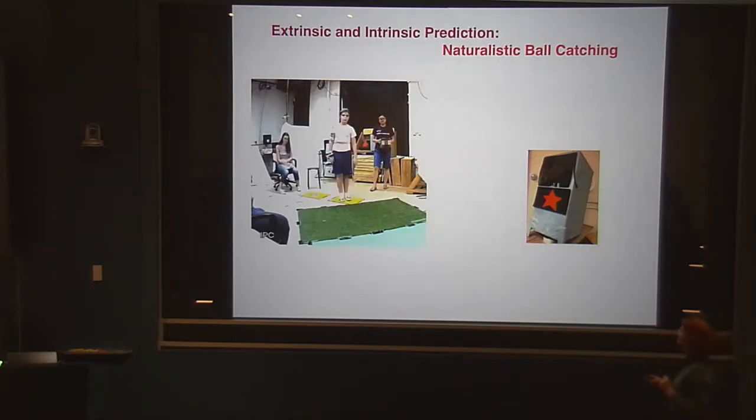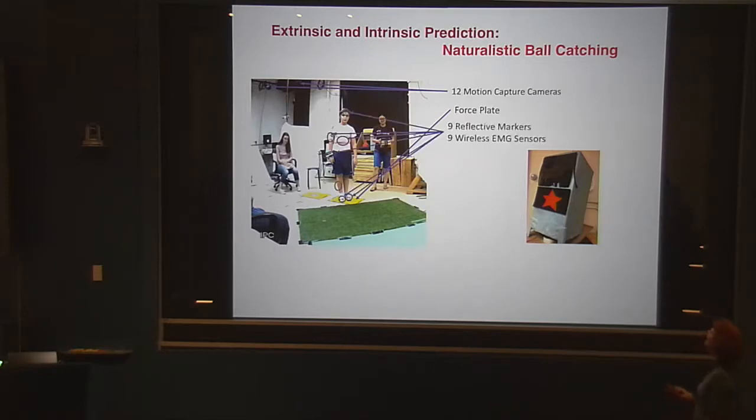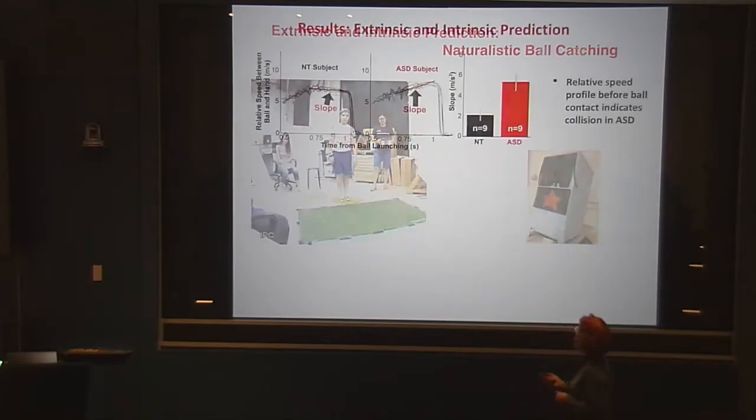We measure the movements of the children extensively with motion cameras, with markers on the body to get joint angle movements. We have the force plate to look at sway of the body, as well as EMG sensors that measure muscle activity in the trunk, front and back. So how do the results look?